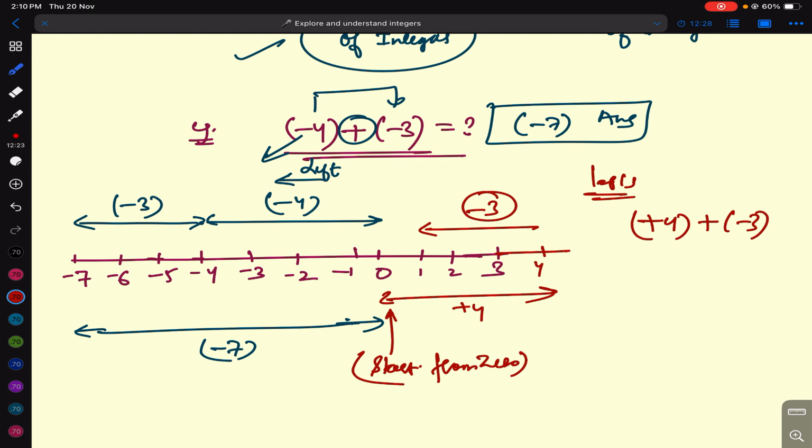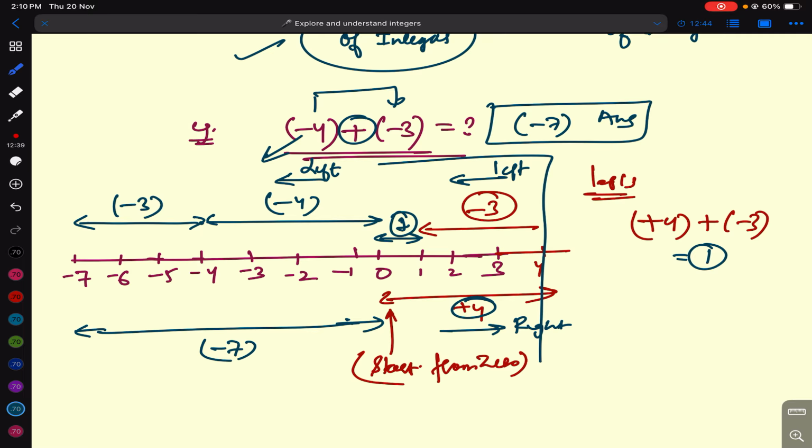Okay, so in that case what would have been the solution? What is left? 1. So here this would have been 1. So positive is moving right, negative is moving left. Clear?